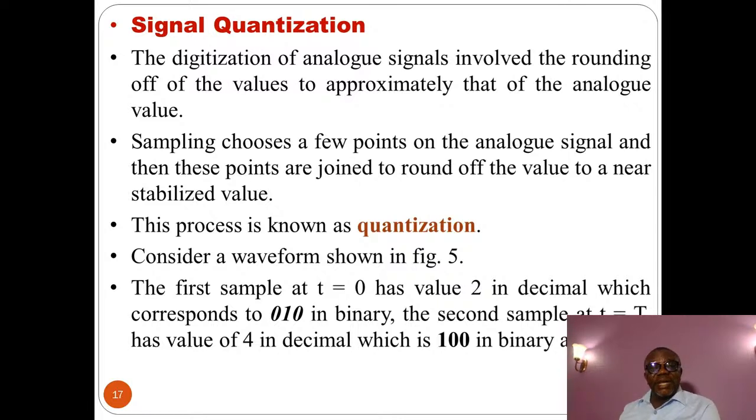Now, consider the waveform shown in Fig. 5. The first sample at t equals 0 has value 2 in decimal, which corresponds to 010 in binary. The second sample at t equals Ts has value 4 in decimal, which is 100 in binary, and so on.